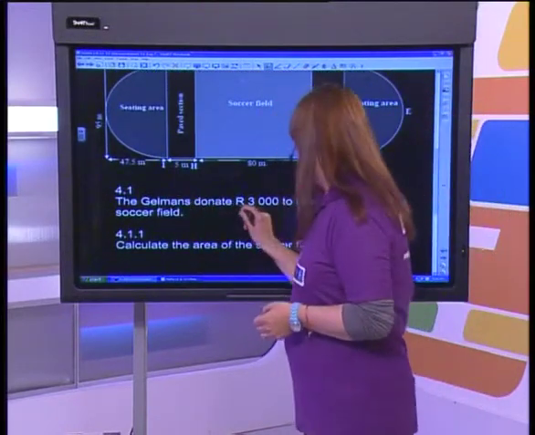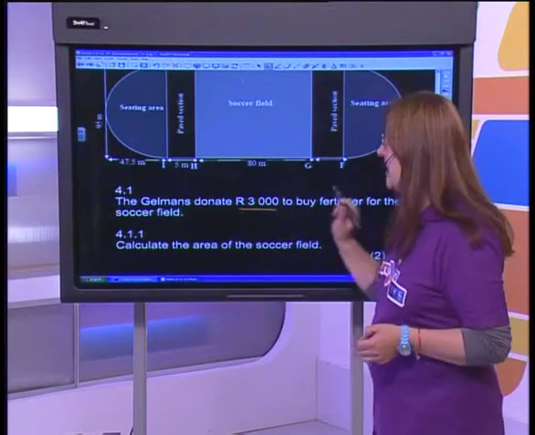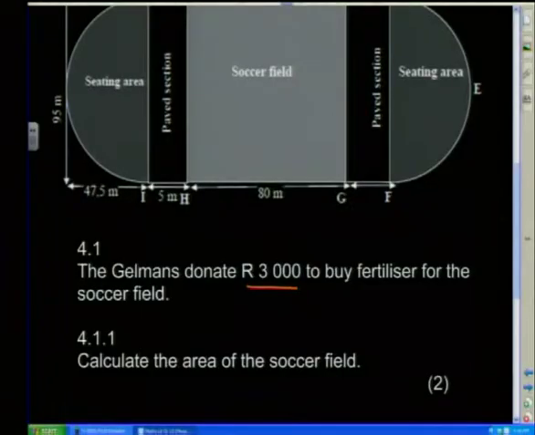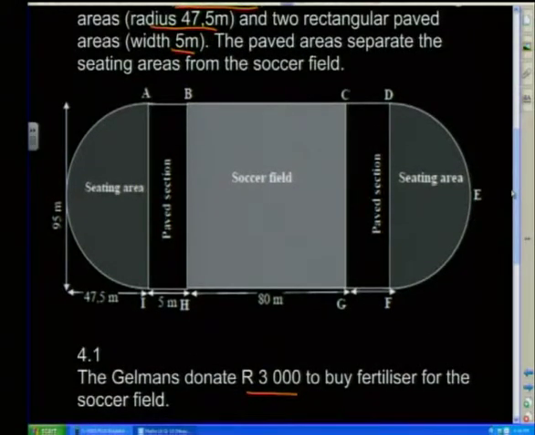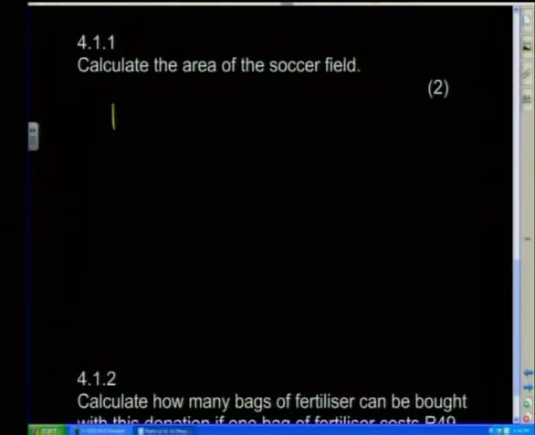The Gelmans donate 3,000 Rand to buy fertilizer for the soccer field. Calculate the area of the soccer field. Right, well, our area is our length times my breadth. And my breadth here is 95. So I'm just going to add that. I'm not sure if you can see it that well in this color. So that is 95 meters. I'm just moving that up to here. So my formula, my area is length times breadth.